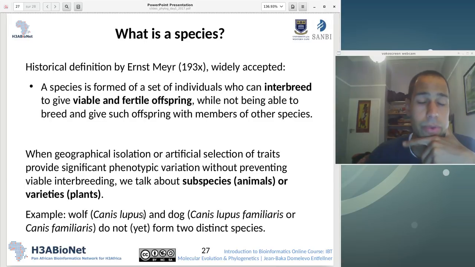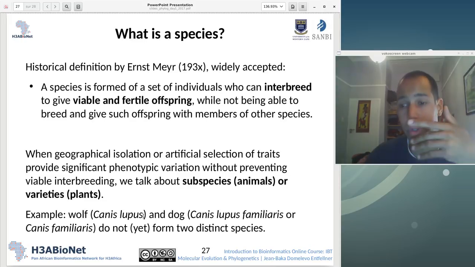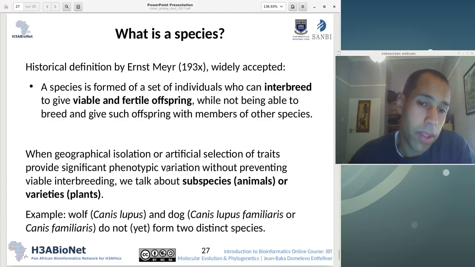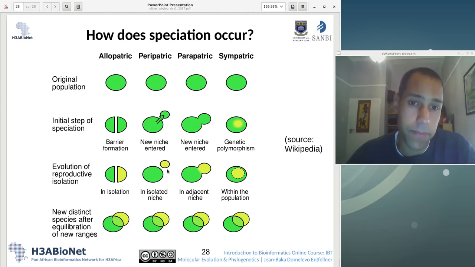If you breed a dog with a wolf, you have an offspring, and that offspring is viable and can also have offspring. So it's viable and fertile. So this means that dogs and wolves do not form two distinct species.